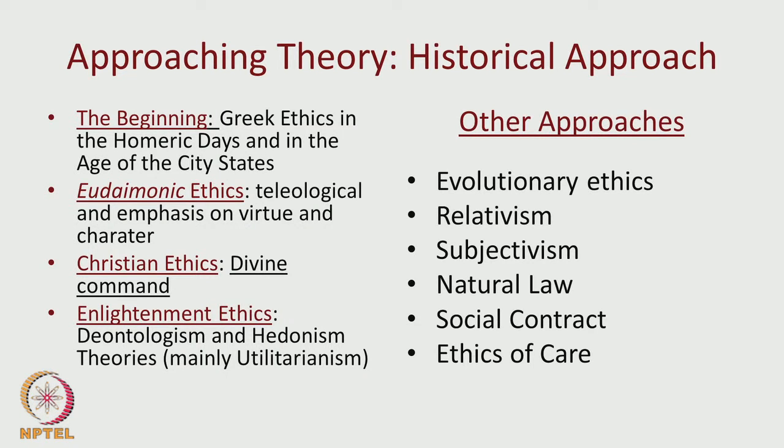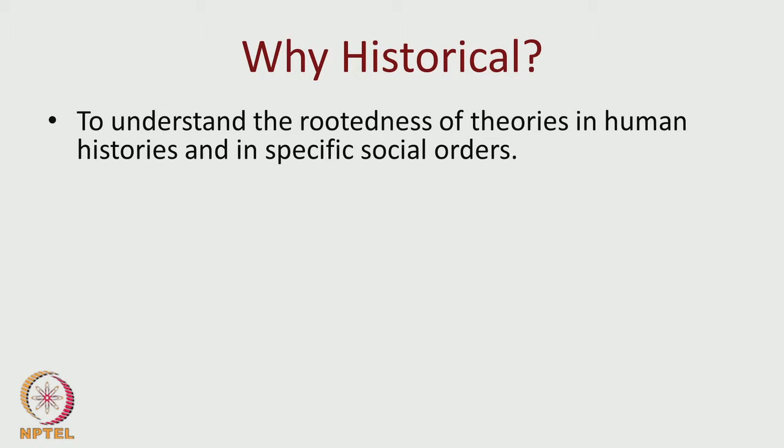And as I mentioned, the reason why I am adopting a historical approach here to discuss the evolution of ethical theories is to understand the rootedness of these theories in human histories and specific social orders. We can see that certain ethical theory became important during a certain period in history because of certain reasons.